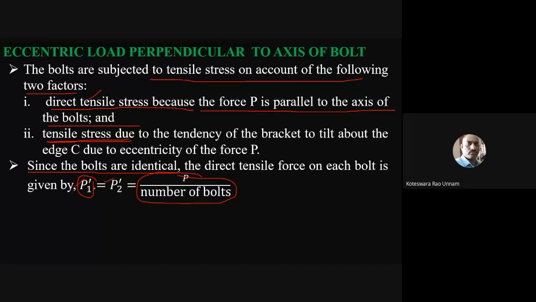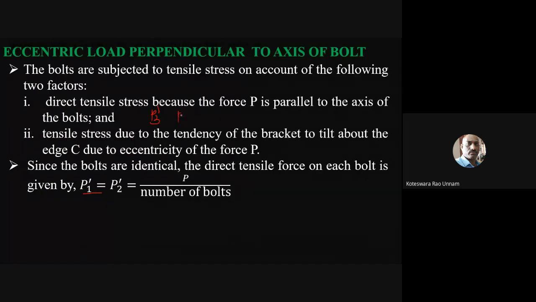So in this case, P1 dash and P2 dash are nothing but that. Even though we have 4 bolts, here we said only P1 dash and P2 dash. We haven't calculated P3 dash and P4 dash. Why? Because P3 dash is equal to P1 dash, and P4 dash is also equal to P1 dash, which is equal to P2 dash.